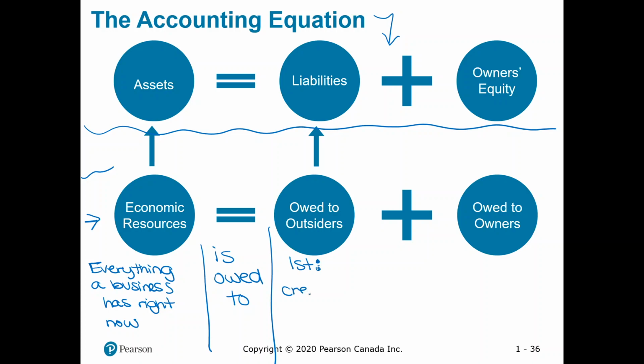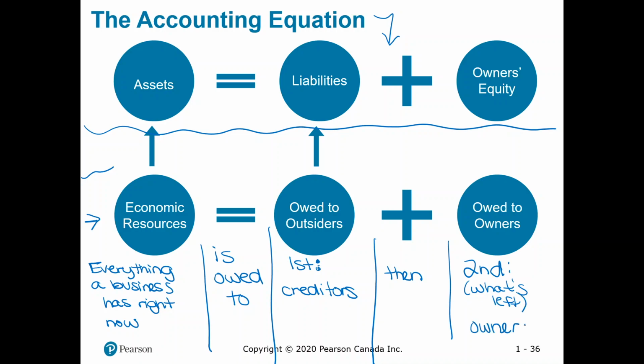So first to creditors, you would pay off your liabilities first, then second goes to the owners, or what's left. So everything that a business has right now is owed to first the creditors, and then what's left goes to the owners.